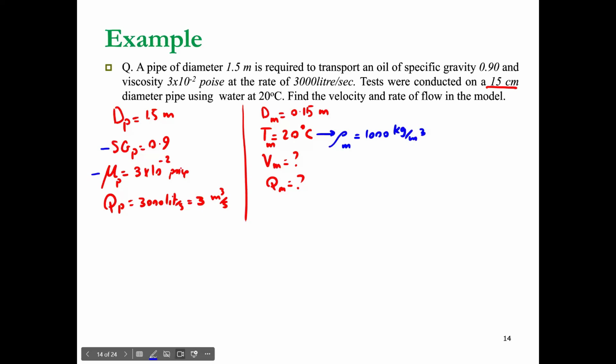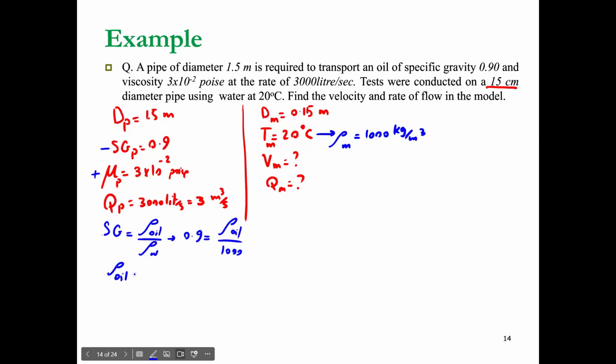I probably need this one, but for SG, you know that SG is equal to rho of anything that you have divided by rho of water. 0.9 is equal to rho of oil divided by 1000.